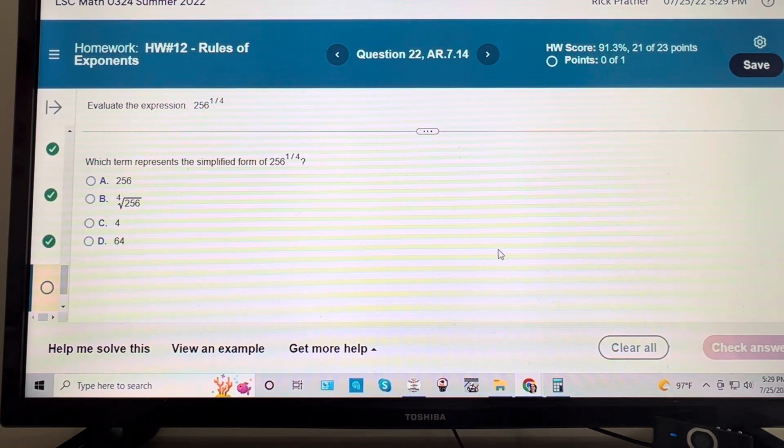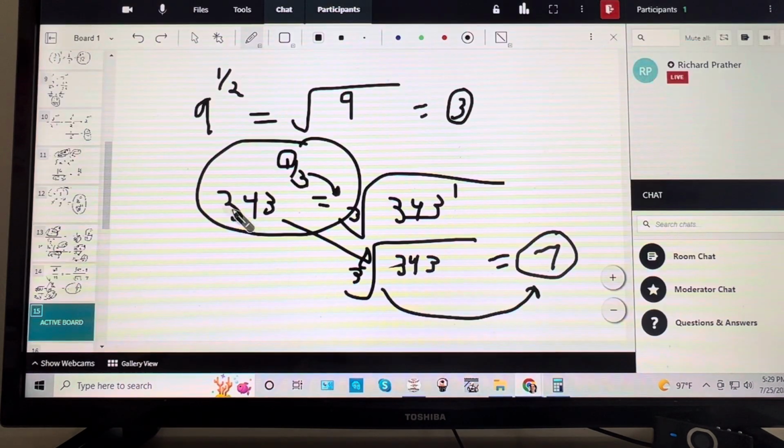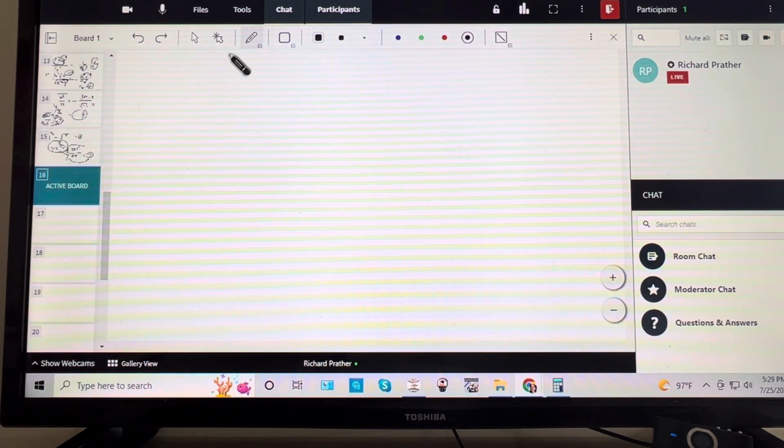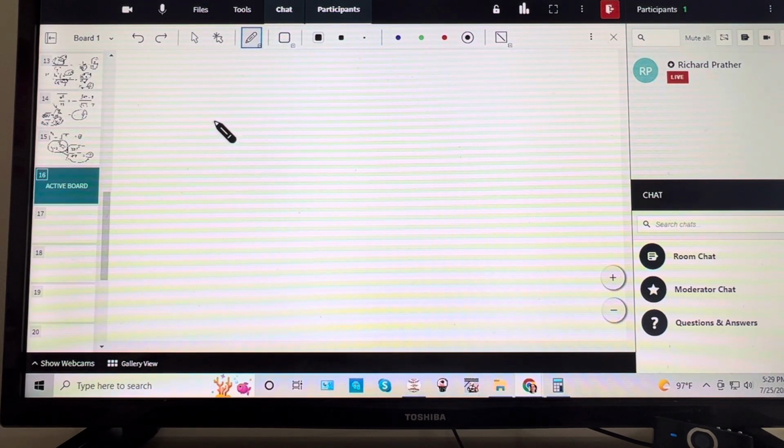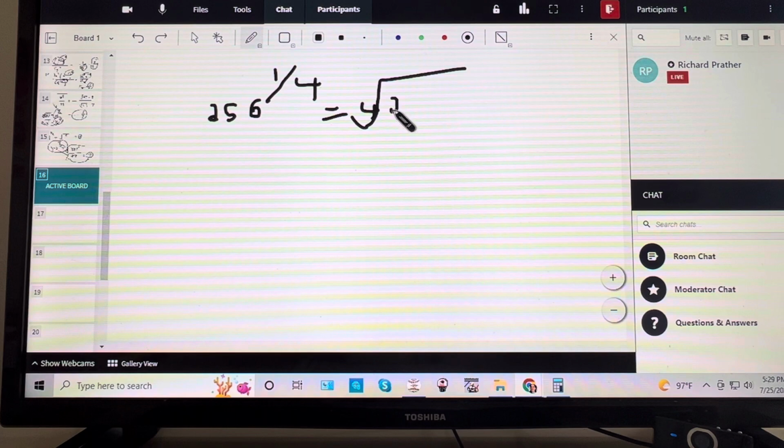Simplified. Okay, but forget that for a second. I'm going to do it as a radical first. So what if you don't have a calculator that can do this? 256 to the 1/4 power. First, you have to know that that's the 4th root of 256. To the first power, just 256. So do you know maybe that 256 is 16 times 16? Maybe not.